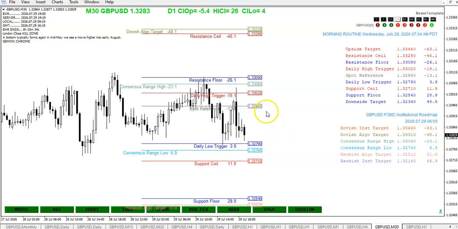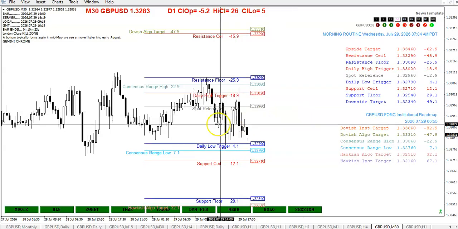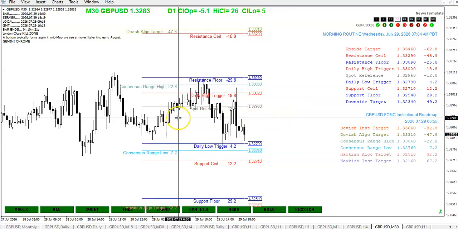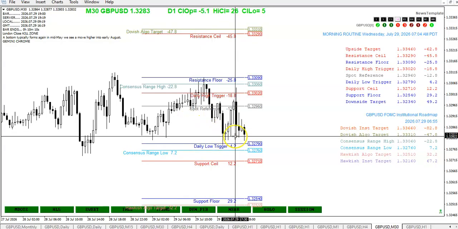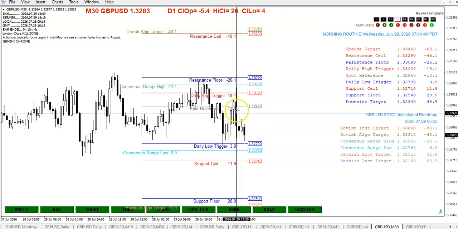And so when I updated the indicator, this was the price at the time. And you can see how price, let's see, 704. That was my local time, so that would be 17, which would be this candle right here.